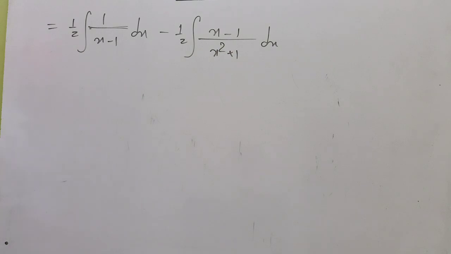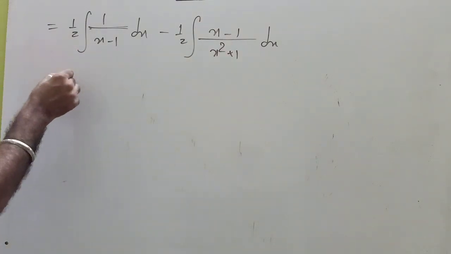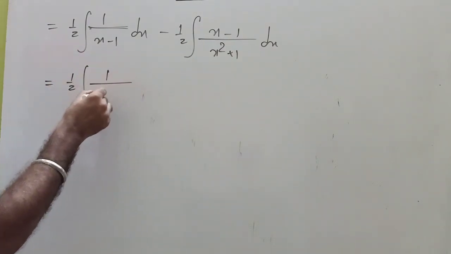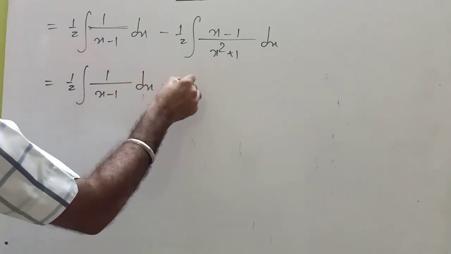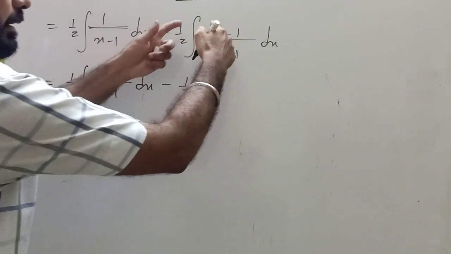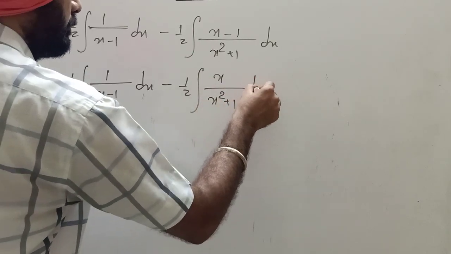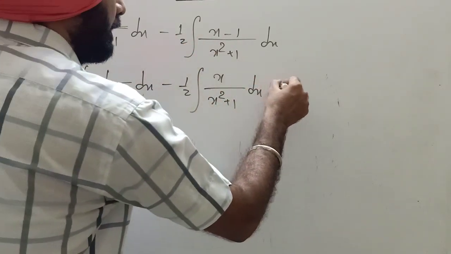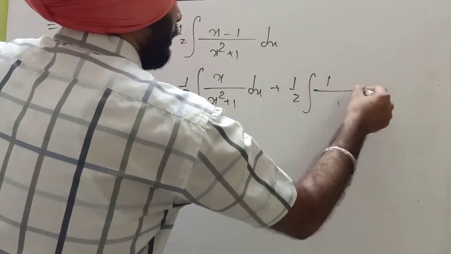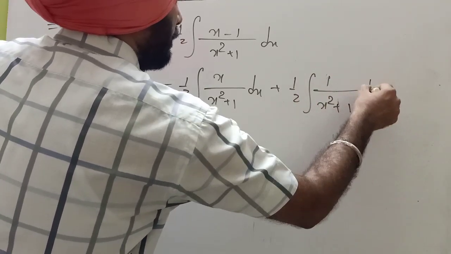But there is another method also. 1 by 2 integral of 1 over (x minus 1) dx, minus 1 by 2 integral of, separating this term, x over (x square plus 1), plus 1 by 2 integral of 1 over (x square plus 1).